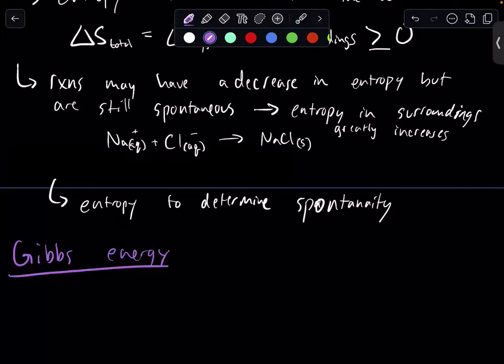So what the heck is Gibbs energy anyway?